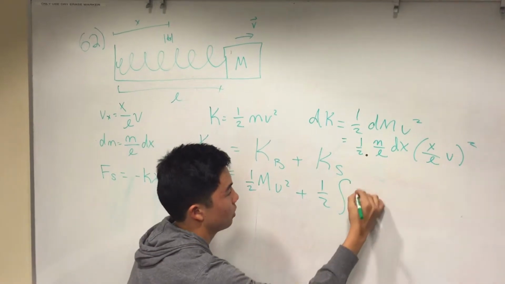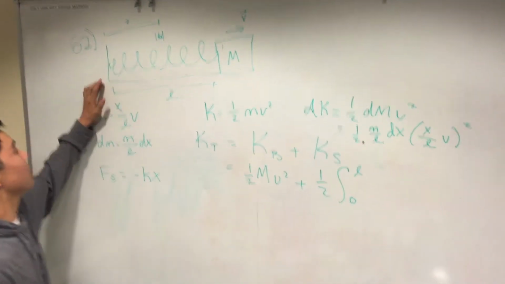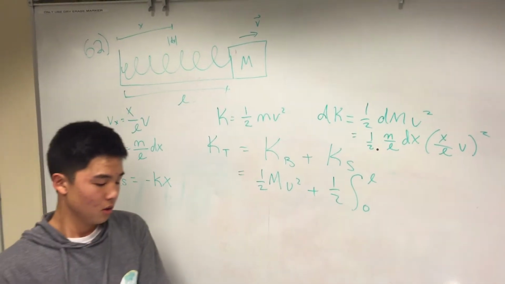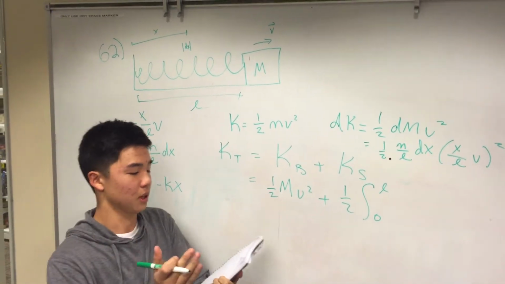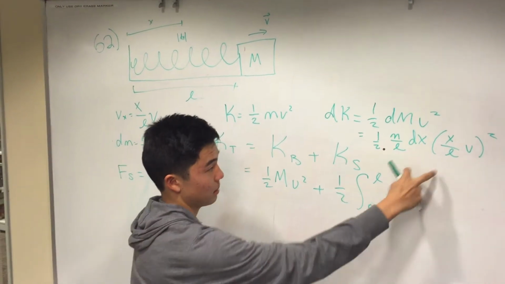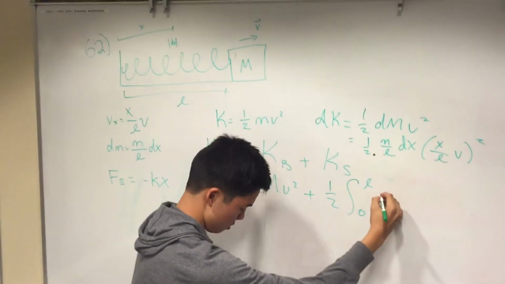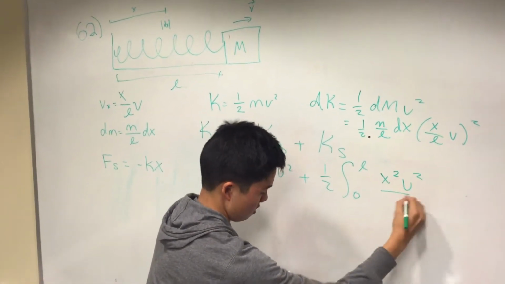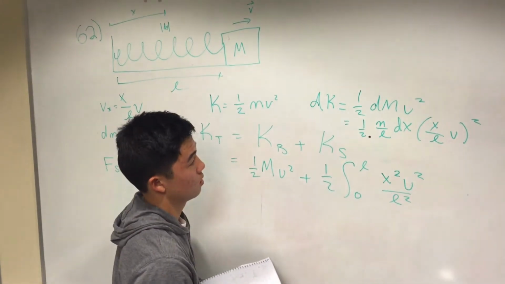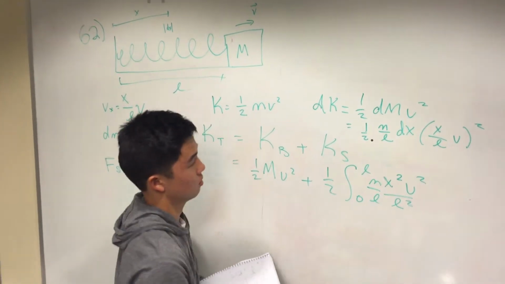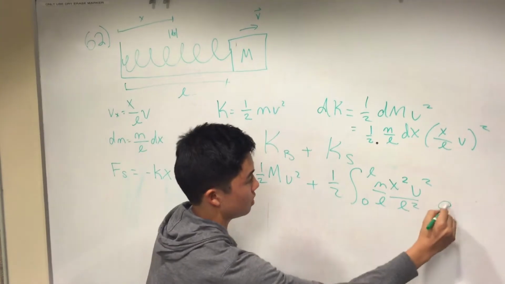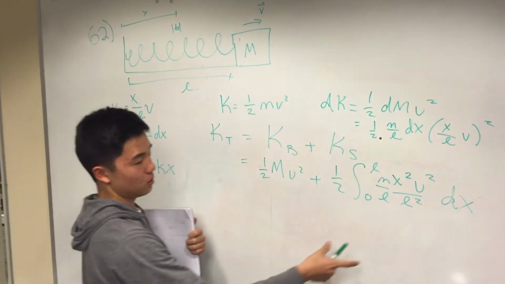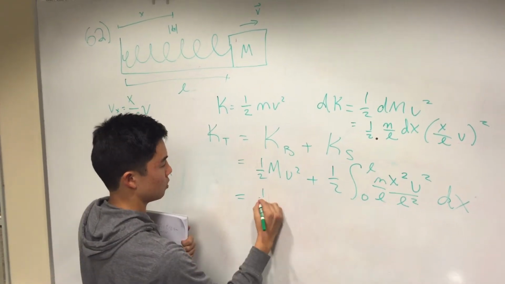We're integrating from 0 to L, 0 being here and L being the equilibrium position of the block on the spring. Wait, there's an ML here, dx.